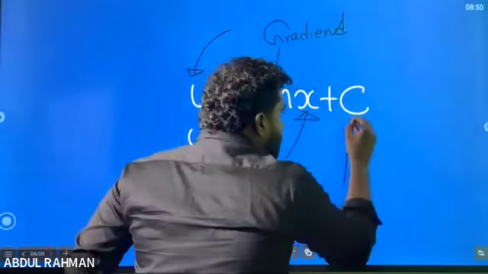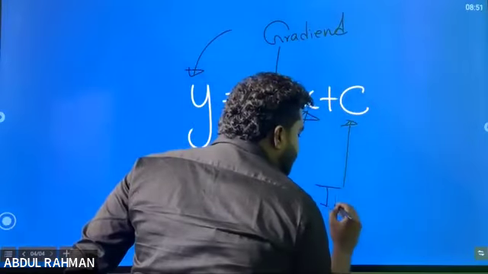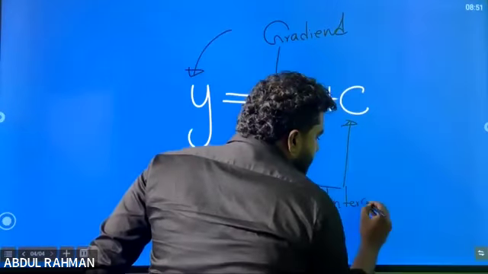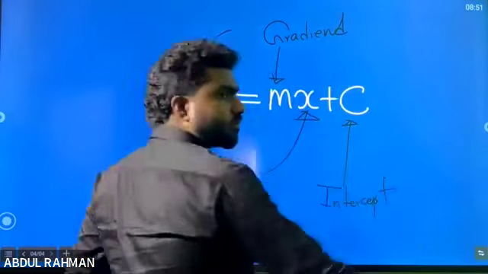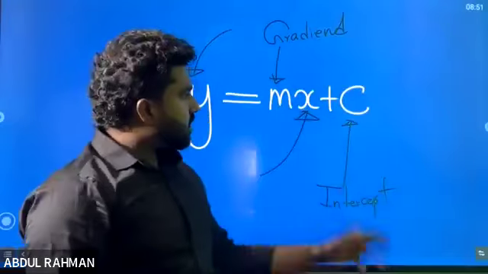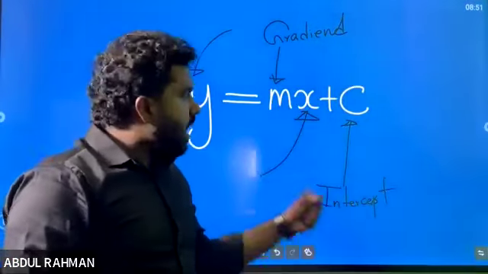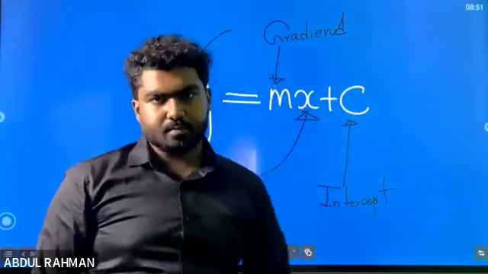When it comes to c, c is called the intercept of the graph. What is c? c is called the intercept. m is called your gradient.